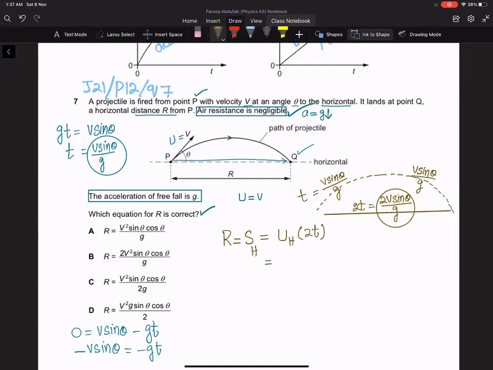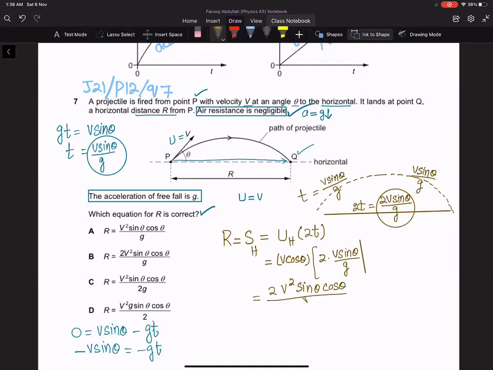So u horizontal is equal to v cos theta, because in this example u is v, and 2t will become 2 times v sine theta over g. So what we'll get is 2 times v square sine theta cos theta, whole divided by g.